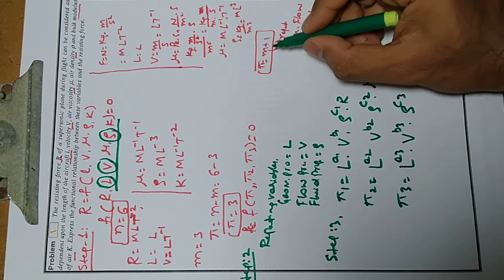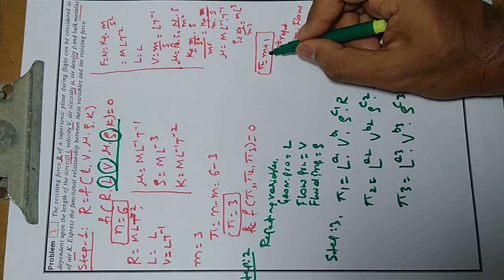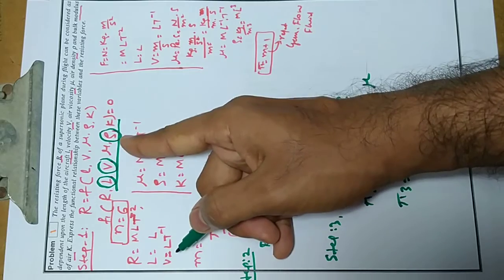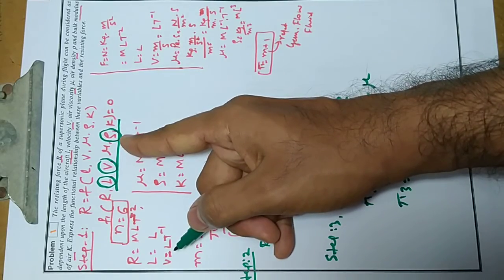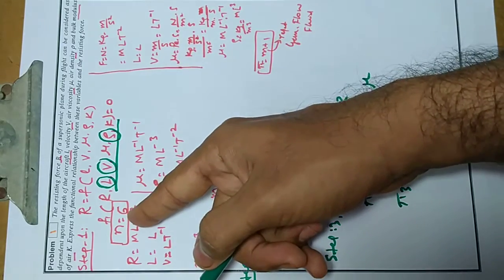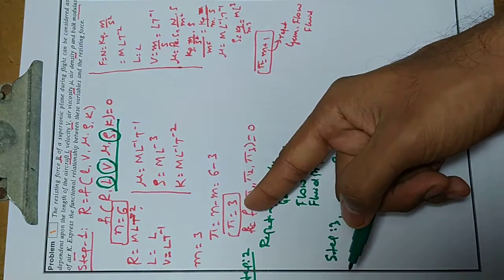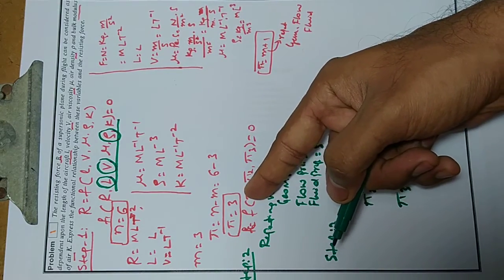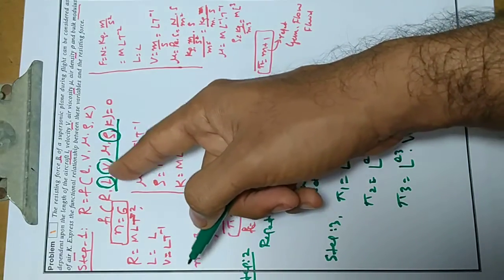Pi means m plus 1 terms. M is the repeating variables, and 1 is the remaining variable in the total number of variables. Here n is 6, so you get 3 pi terms. If n is 7, pi becomes 4, but the fundamental dimensions m is 3.